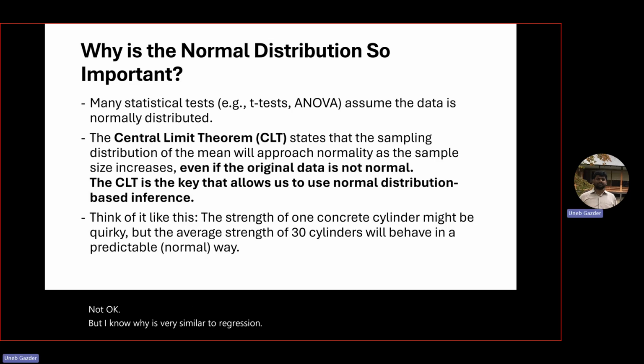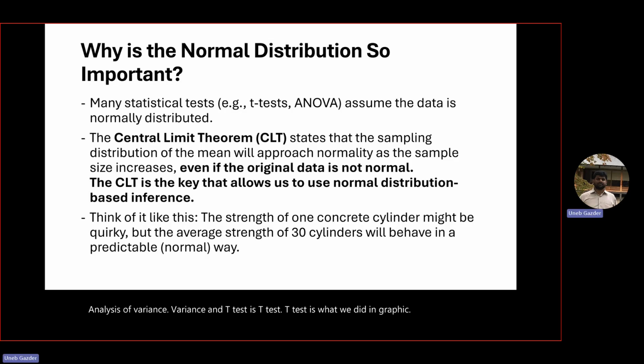ANOVA is the analysis of variance, and t-test is t-test. T-test is what we did in the traffic speeds.